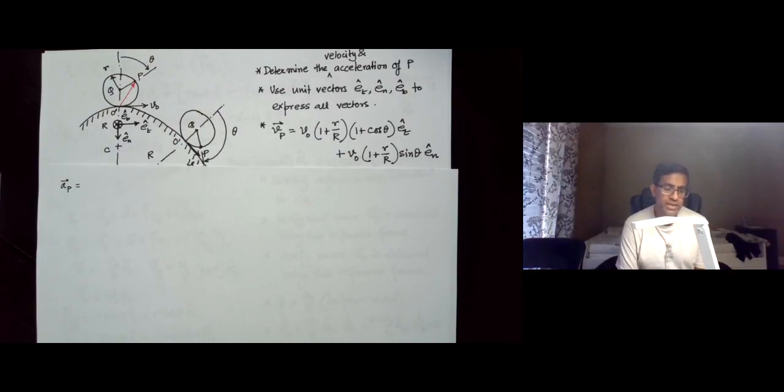We could have still chosen Q as the point about which we express the velocities, but then when you combine it with the angular velocity of the rotating frame, it becomes a little bit cumbersome actually to express all the vectors.